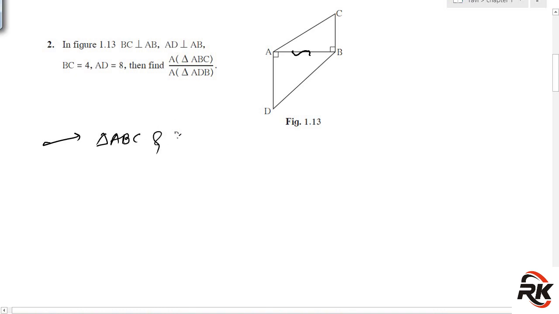Means triangle ABC and triangle ADB have common base. Which base? AB.